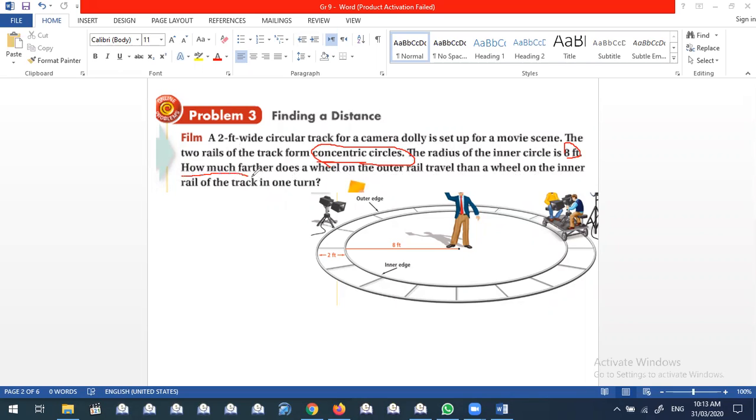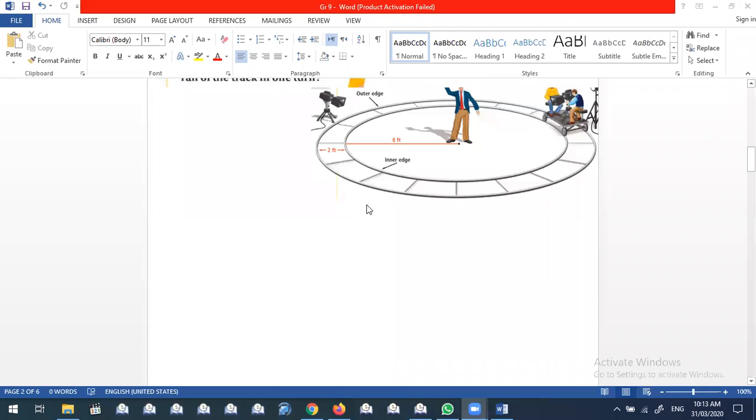How much further means minus. So we need to find the circumference of the inner circle and the circumference of the outer circle and subtract them.